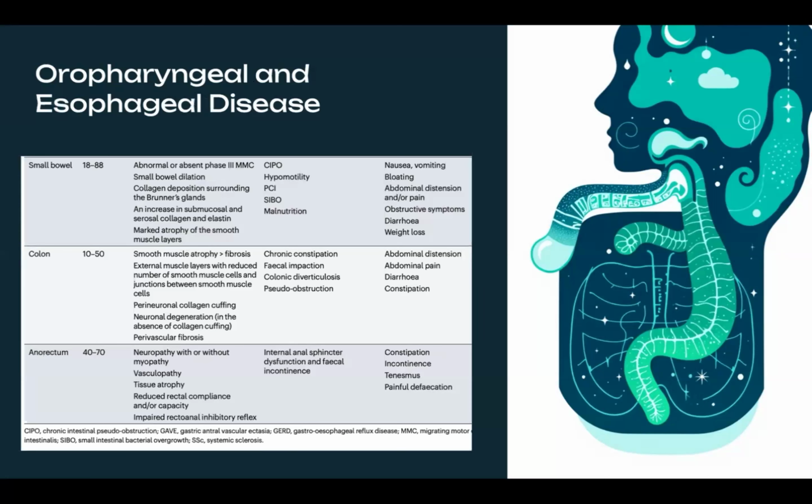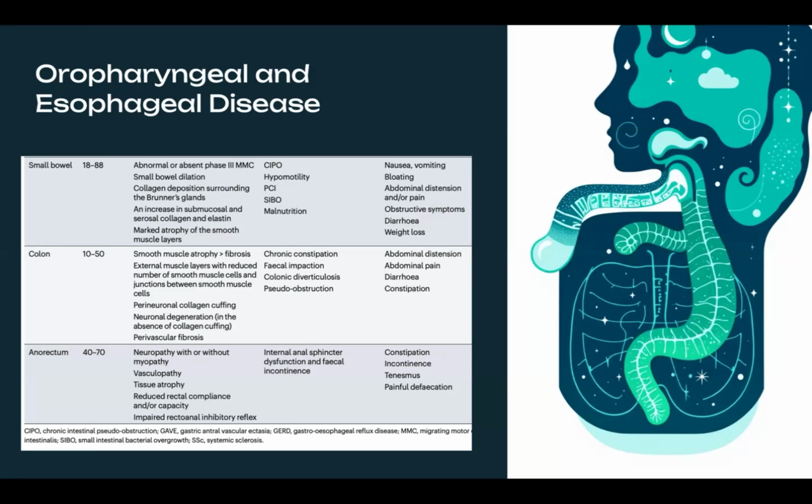The problem with the small bowel is that, unlike the esophagus and the stomach, which we can easily access through an upper GI endoscope or look at with minimal radiological examination like a barium swallow, it is very hard to picture the small bowel. That is one problem with the small bowel.